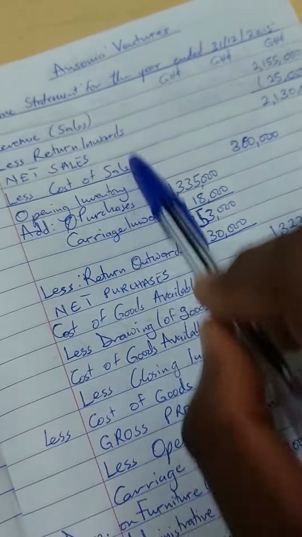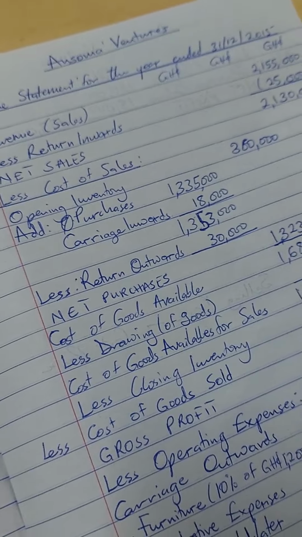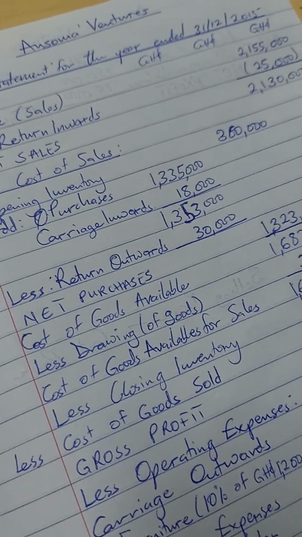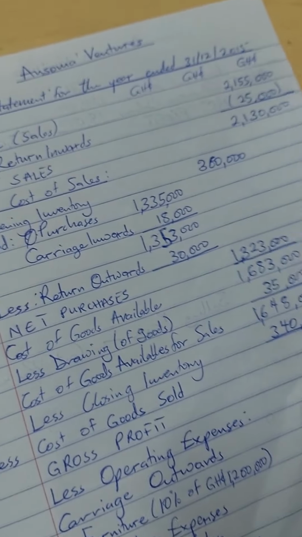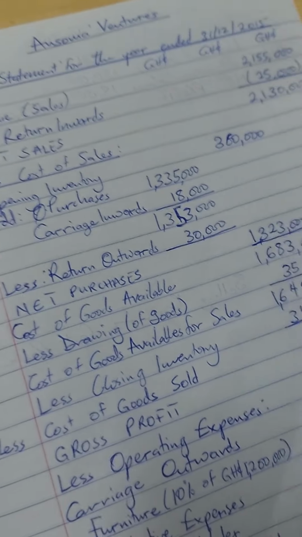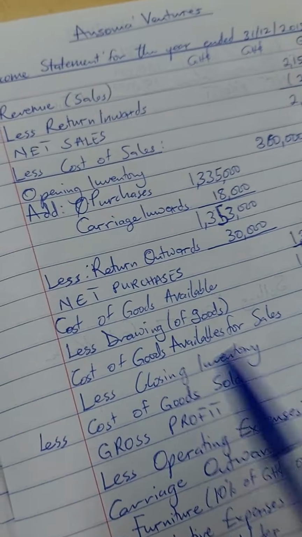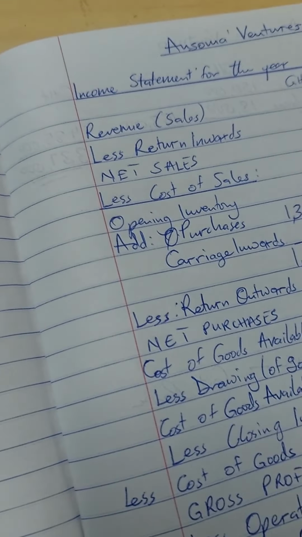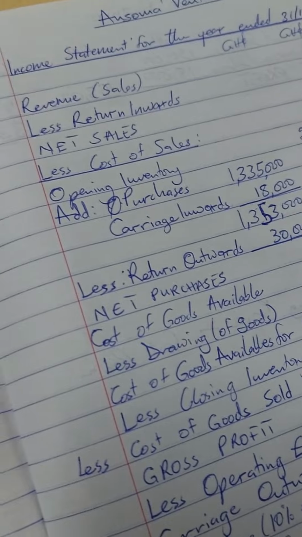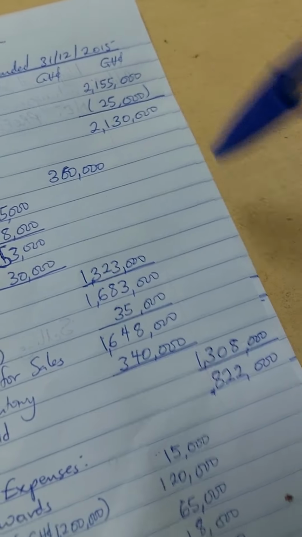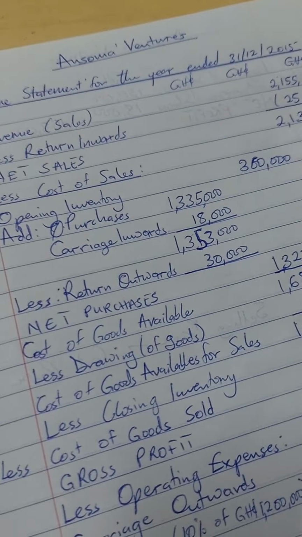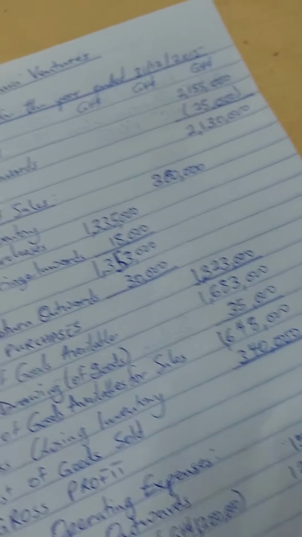Because that is what we actually want, after we get the figure, we don't have to write it here and write it here again. Directly, you can bring the total here and do your subtraction in order to get your profit. Because this is the sales, this is the cost of the sales. So you subtract the cost from the sales and get your profit. That's why we call it gross profit.